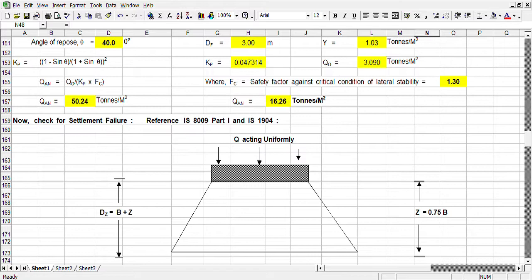But the settlement failure will give some amount of information earlier so that one can take necessary precautions for strengthening the foundations. So we should not fear settlement failure. It should be only within the permissible limit.